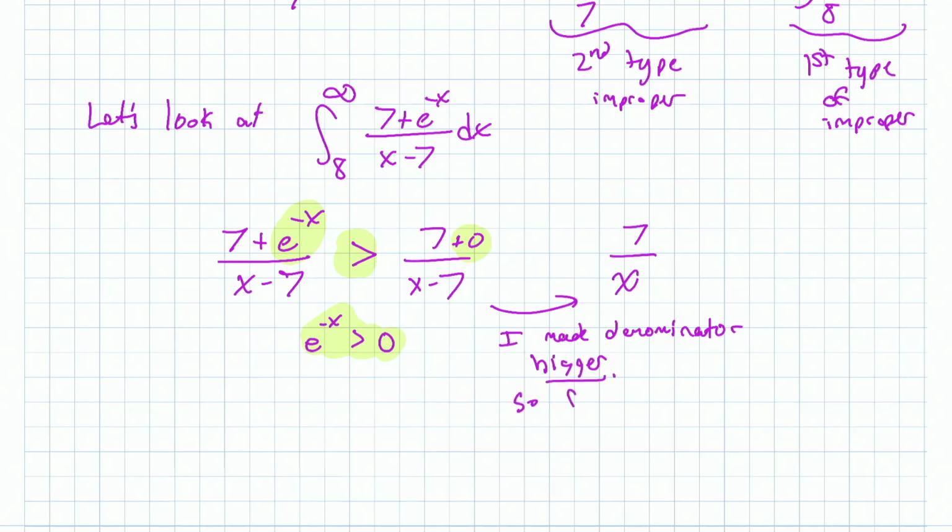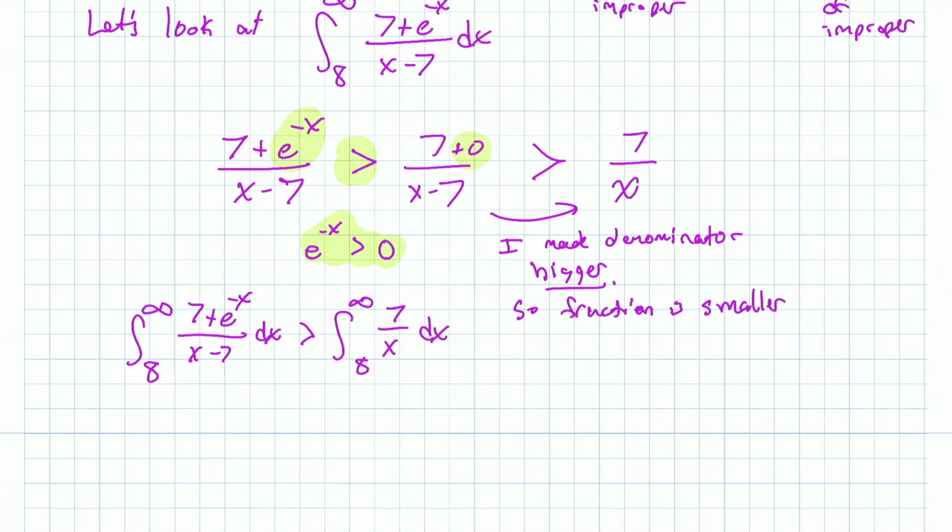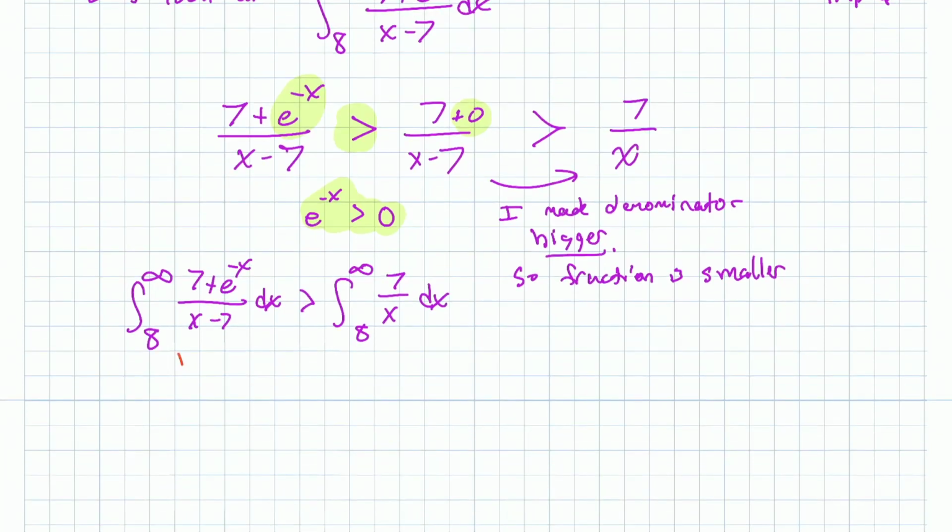So the fraction is smaller, right? If you make the denominator bigger, the fraction is smaller. So it goes this way again. So I've got the integral from 8 to infinity of (7 plus e to the negative x) over (x minus 7) dx is less than the integral from 8 to infinity of 7 over x dx. So this is the big one, and then this is the small one.